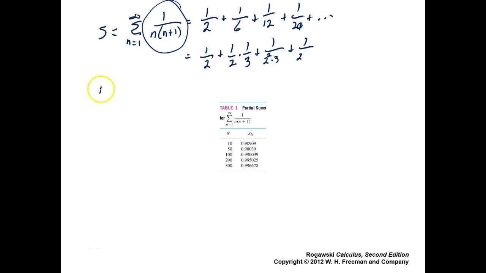See if this rings a bell. 1 over n times n plus 1 is the same as a over n plus b over n plus 1. What do we call that technique? These are fractions, partial fractions. Okay, it's the technique of partial fractions. So let's see what we've got here. This would be, let's see if we can do this quickly.